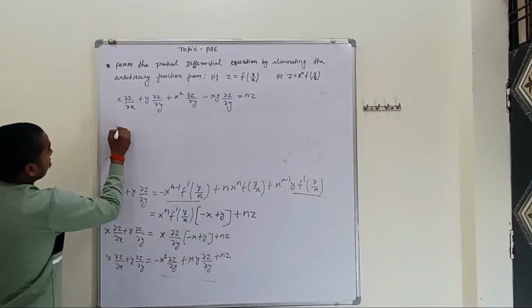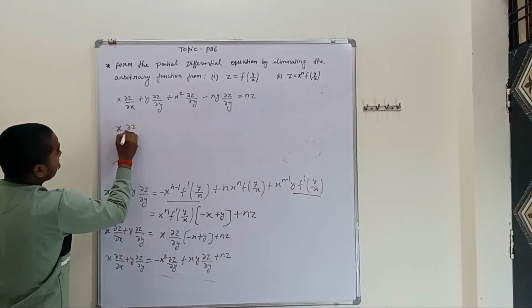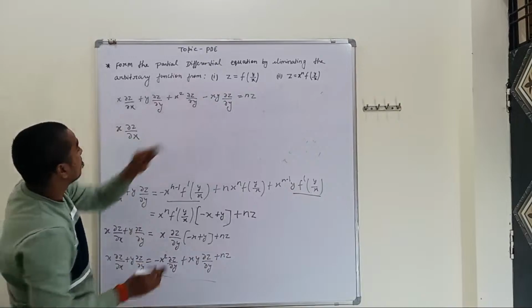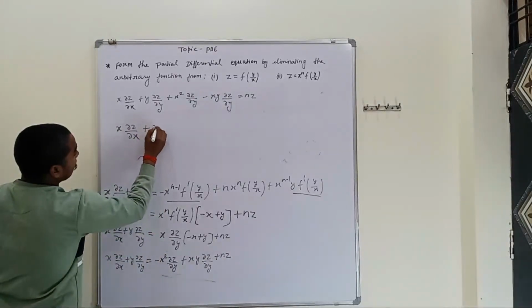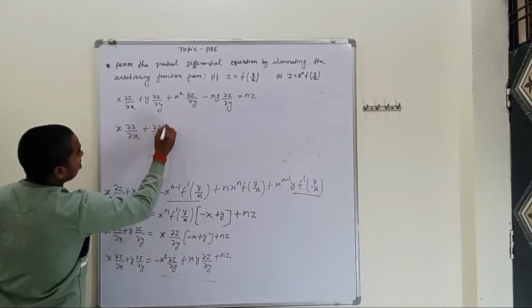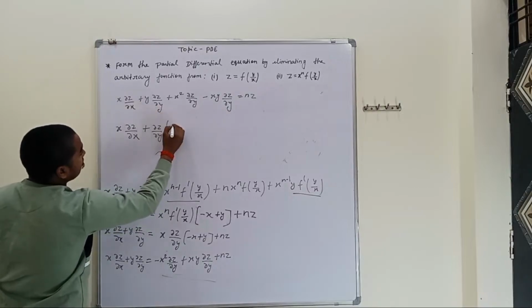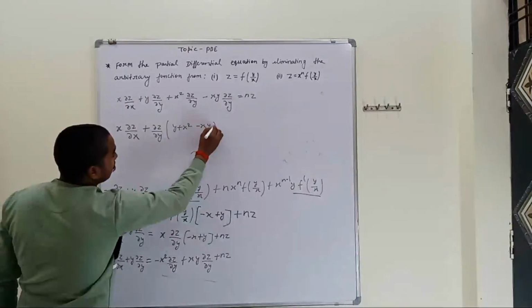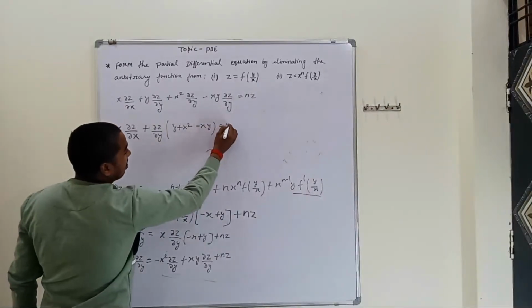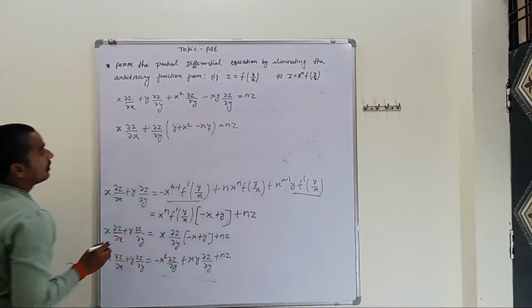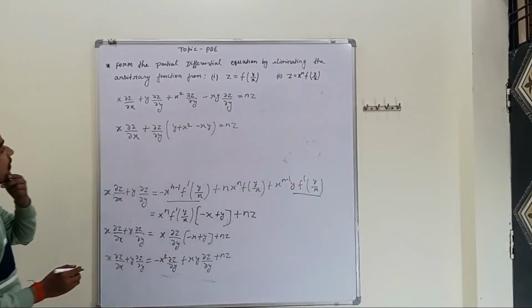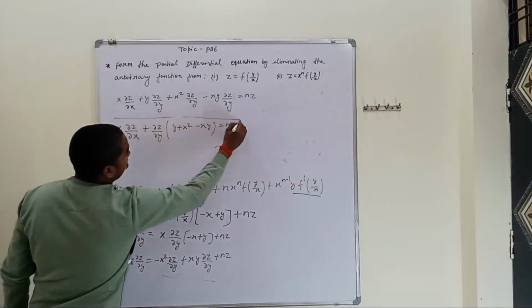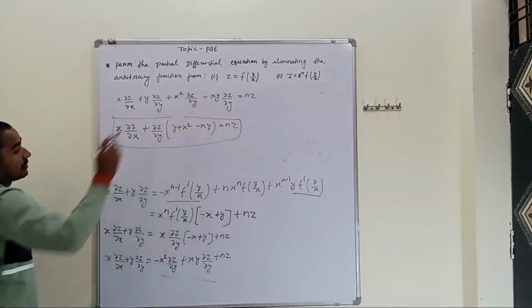From here, x del z upon del x, and from here taking del z upon del y as common, the remaining is y plus x square minus xy is equal to nz. This is the required partial differential equation of the given function.